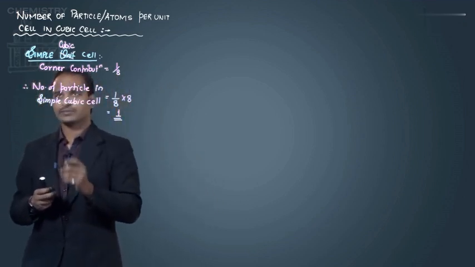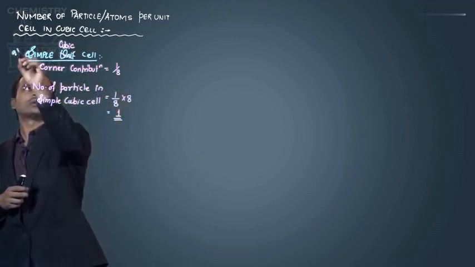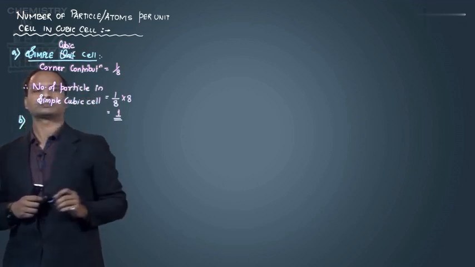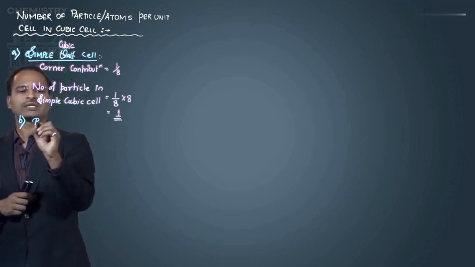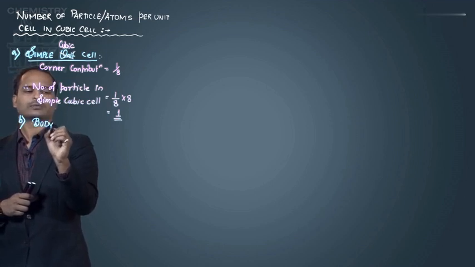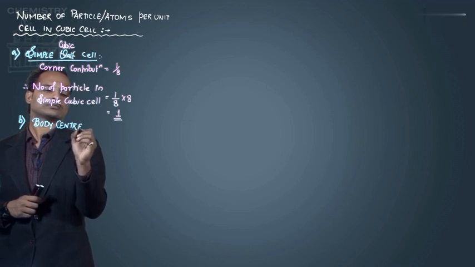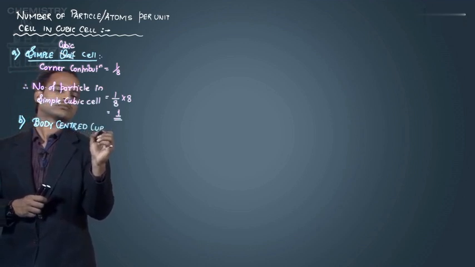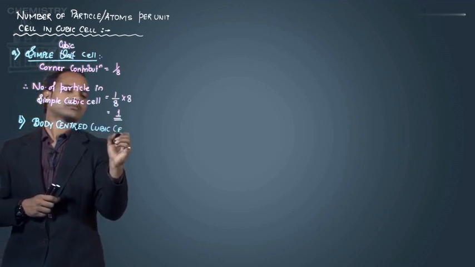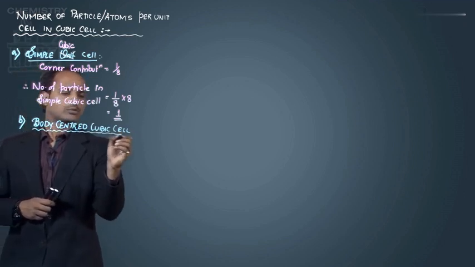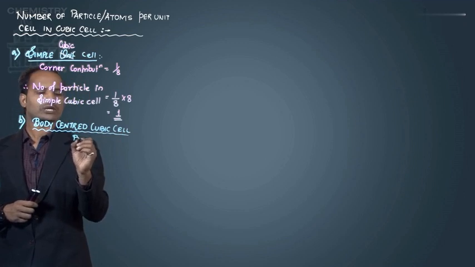Then, after the first, the second type of cubic cell is the body-centered cubic cell, which is also known as BCC.